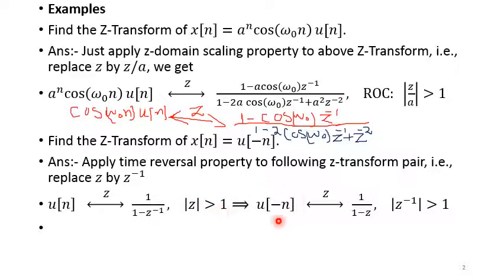Using the time reversal property, you replace z by 1 over z, so this is already 1 over z, so it will become z, and the region of convergence will be in terms of 1 over z. So hope this gives you an idea.